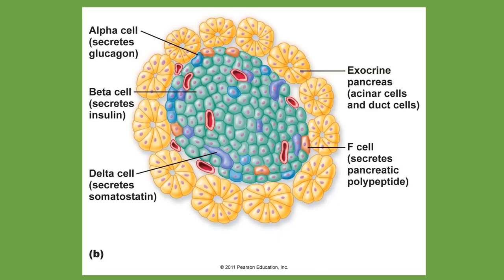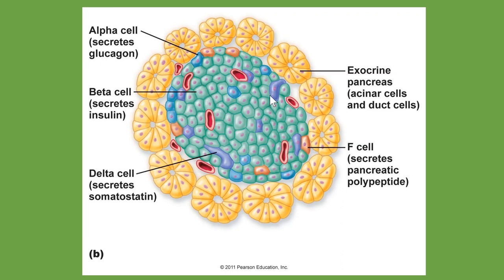I just wanted to include this picture in here. This is similar to the one you'll see in your textbook, right? So this is an isle of Langerhans, or pancreatic islet, or whatever you want to call it. You know what I'm talking about, right?